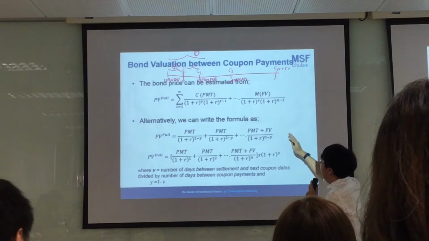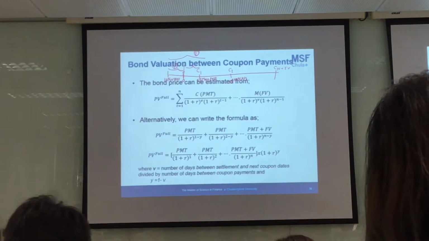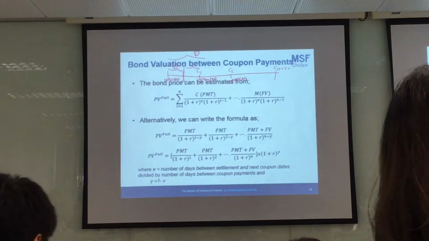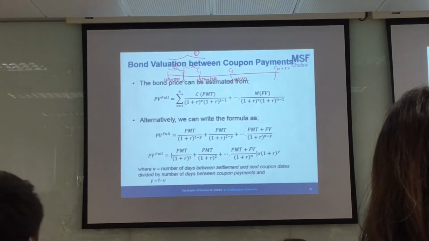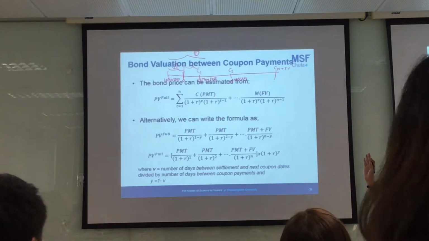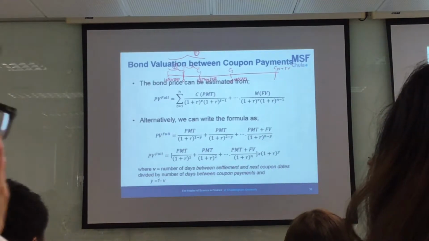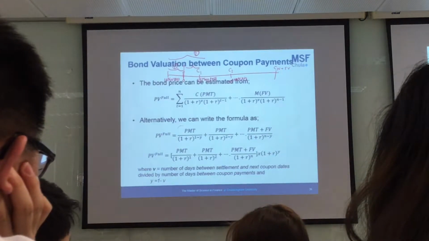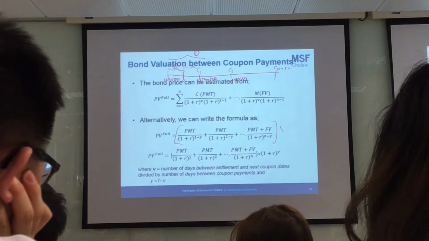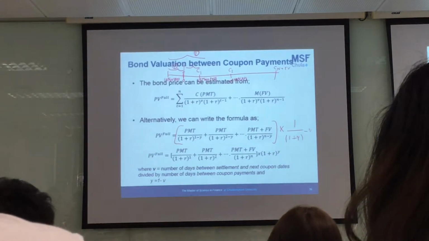And so on until the last coupon payment. And then we decompose the 1 plus R to the power of 1 minus Y. Basically we just take 1 over 1 plus R to the power of minus Y out.